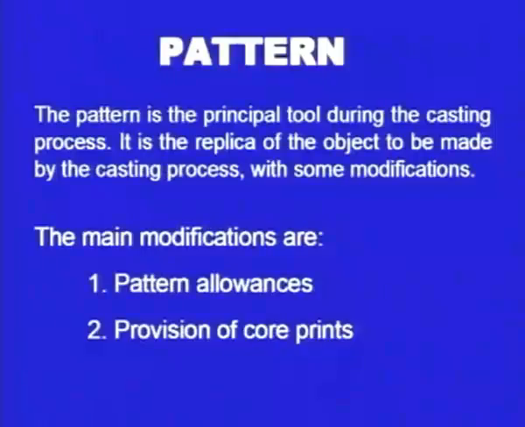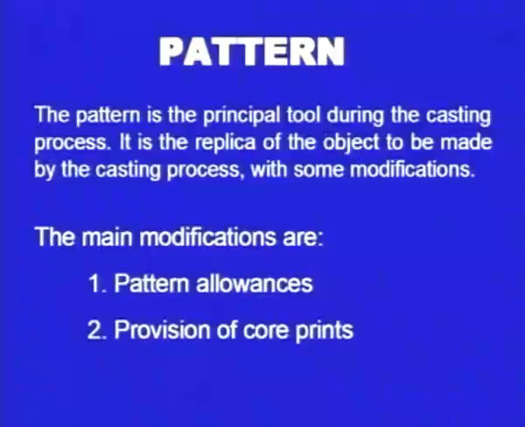And another modification is we have to place the cores. So cores are to be supported. For supporting the cores, there should be some place. This place where the cores are to be supported should be created by the pattern. So when we design, the pattern should be in a position to prepare a place where the cores will be placed.